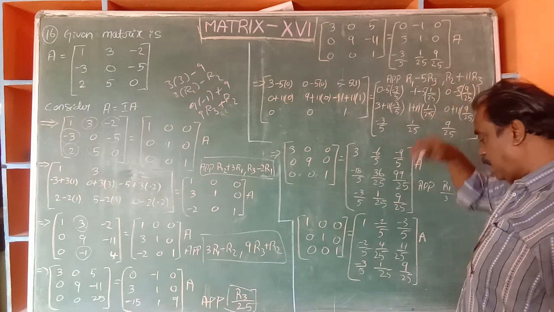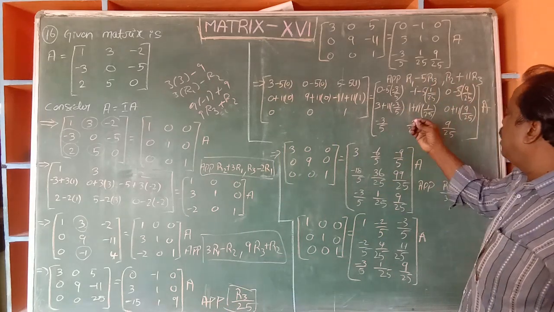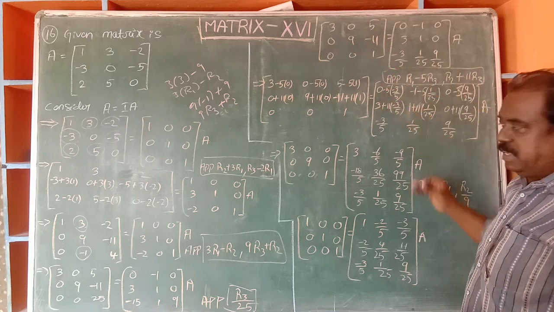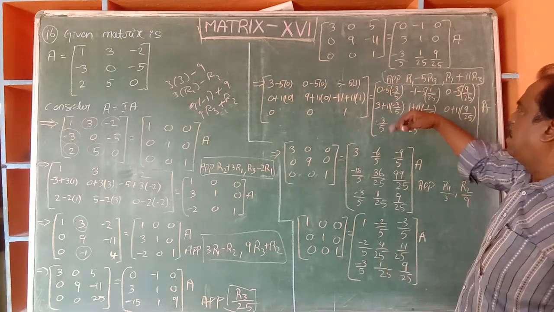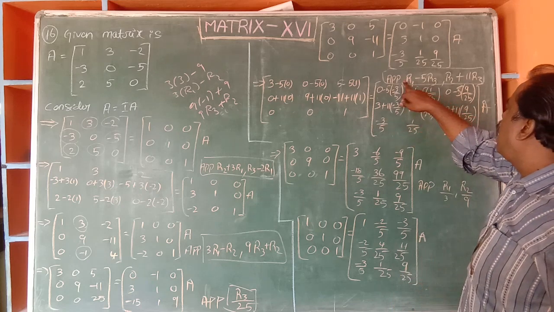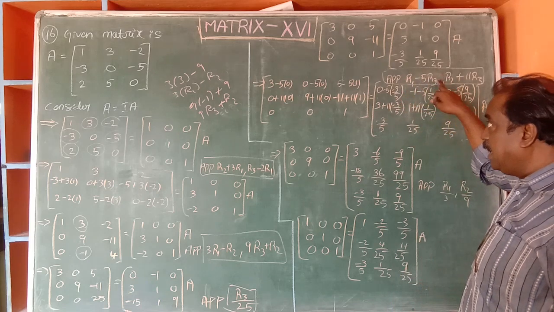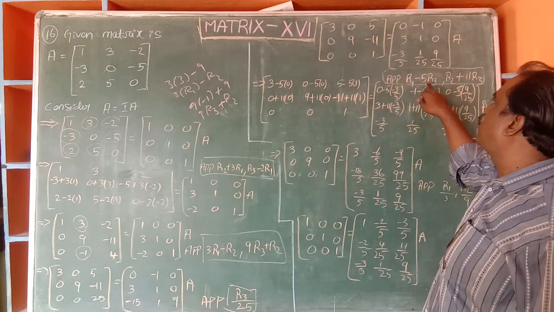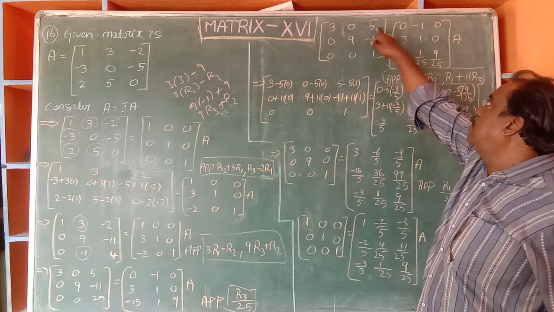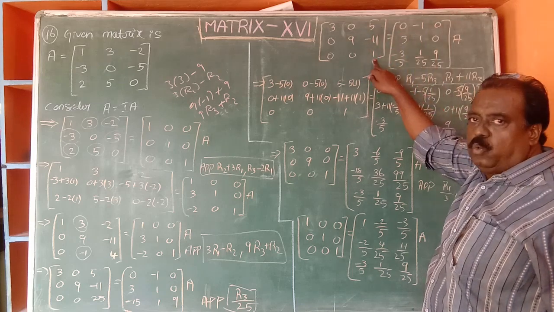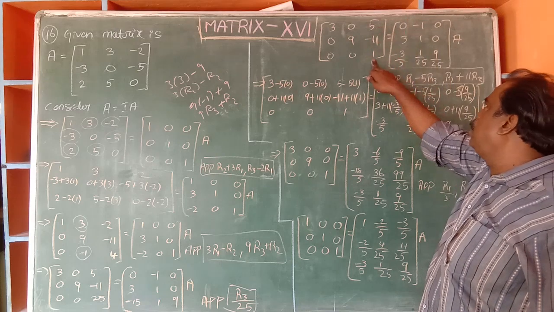Okay na? Right. And again, you see that, don't confuse, somewhat difficult application is there, more arithmetic. R1 minus 5R3. Why are we getting R1 minus 5R3? That means 5 minus 5 into 1.